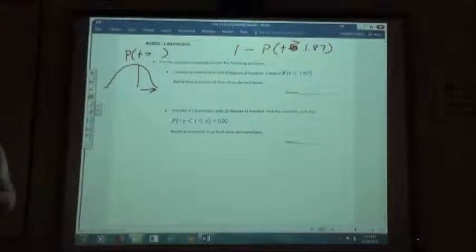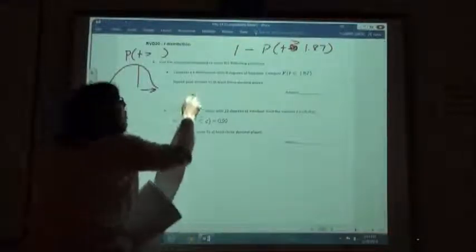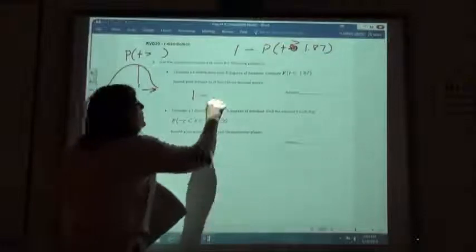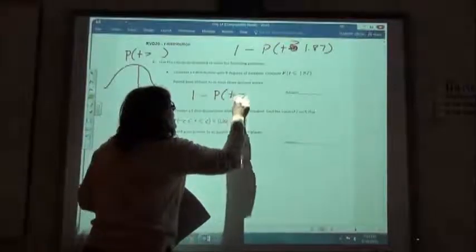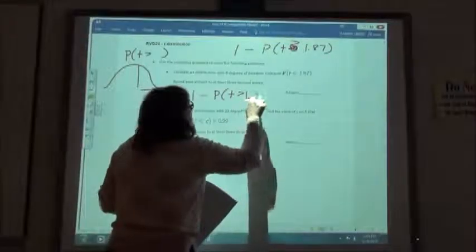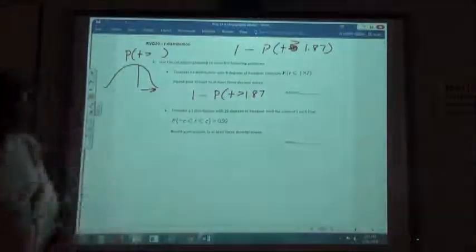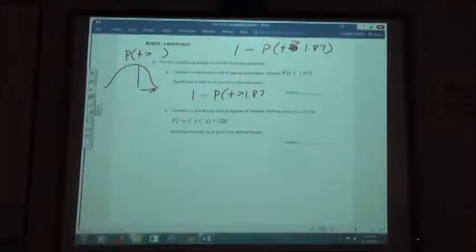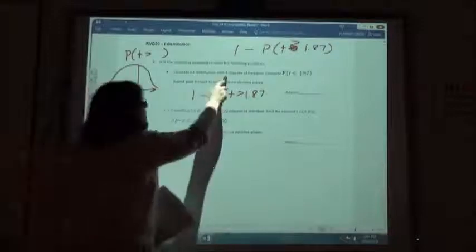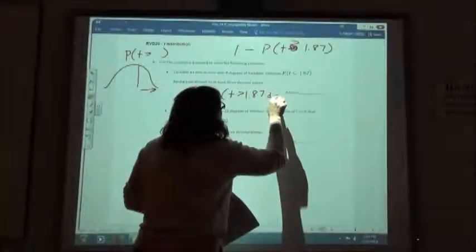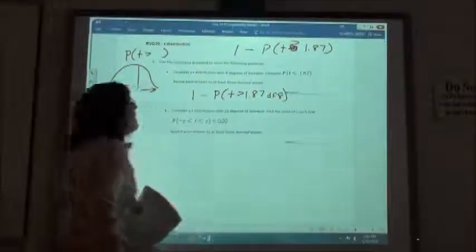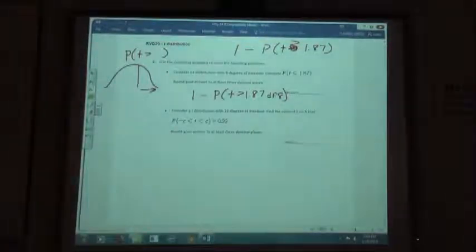So on the ALEKS calculator, you're going to type in 1 minus, and then P of T is greater than your 1.87, since that's what we're computing. And it says the degree of freedom is going to be 8, so you'll see a little DF and you're going to put an 8 in there. And you're going to just punch that into the calculator, hit equals, and round your answer to 3 decimal places.